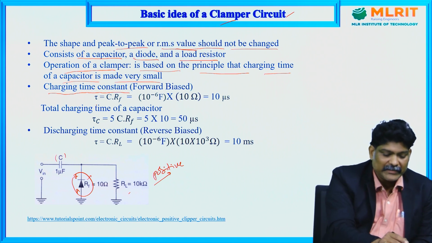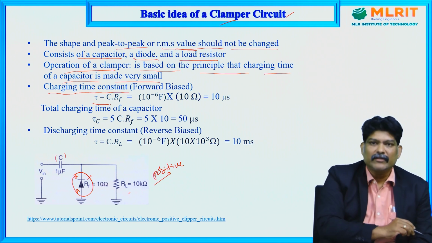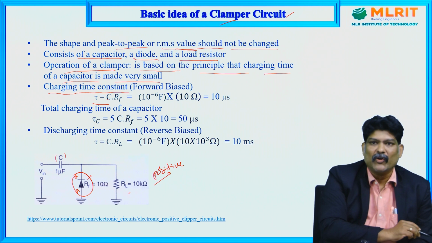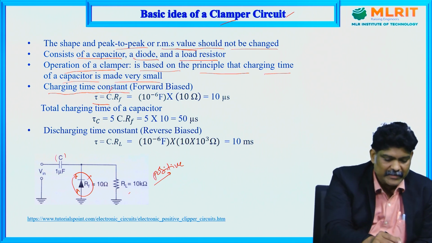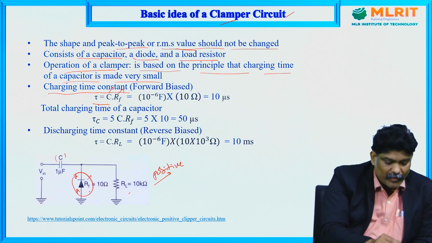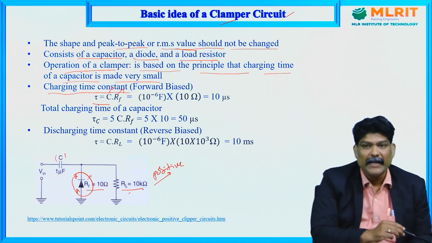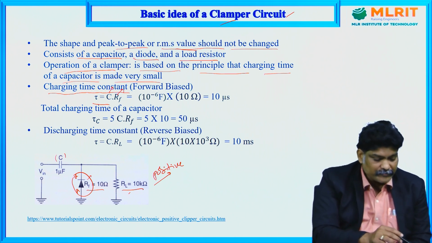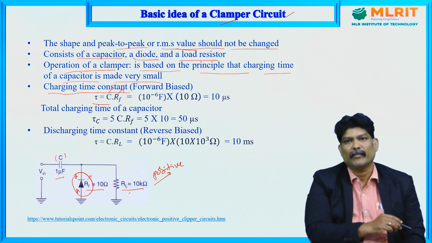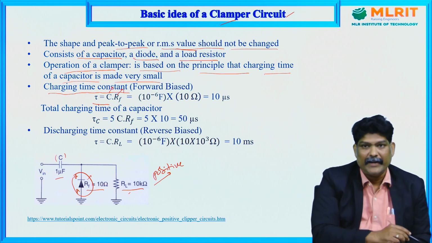So that charging time is given by tau equals RF C, the time constant, with capacitance and forward resistance of the diode. Here we have given forward resistance RF as 10 ohms, load resistor as 10 kilo ohms, and capacitance value is 1 microfarad.